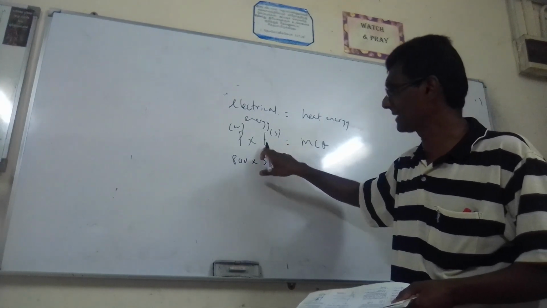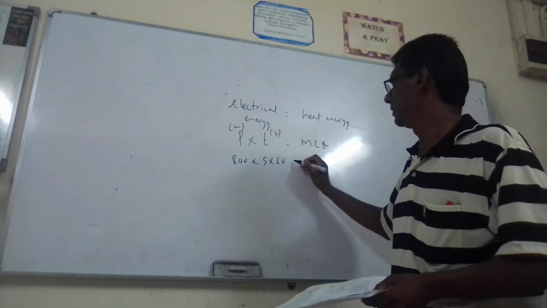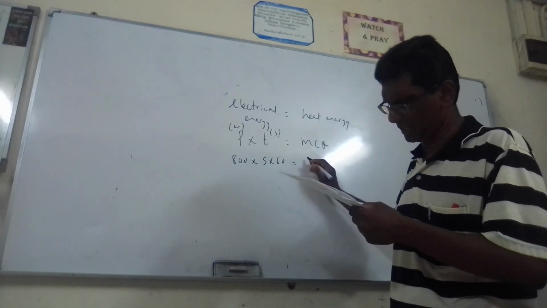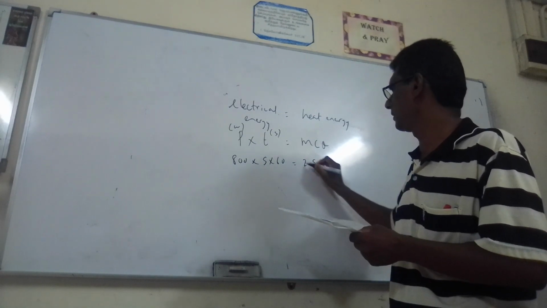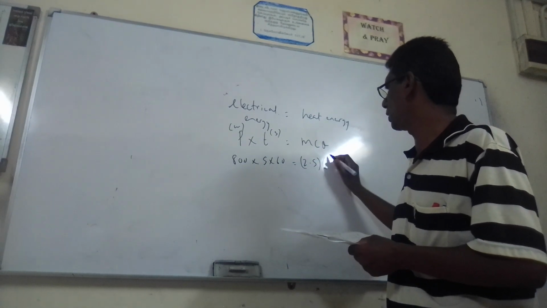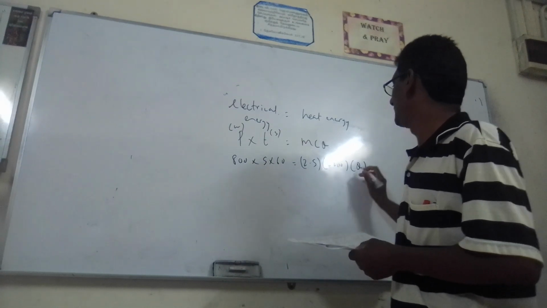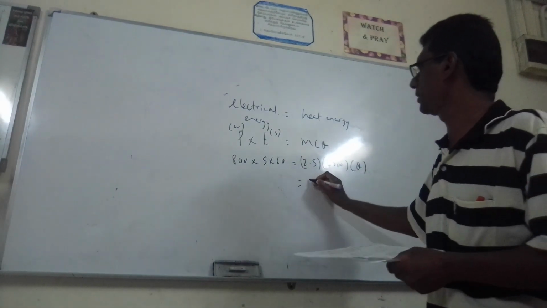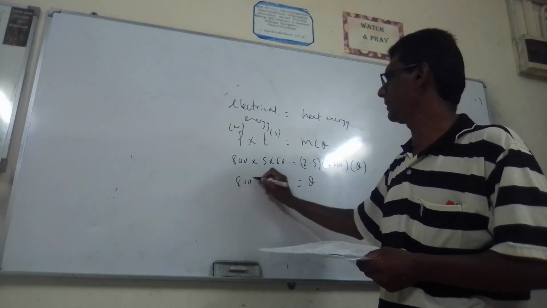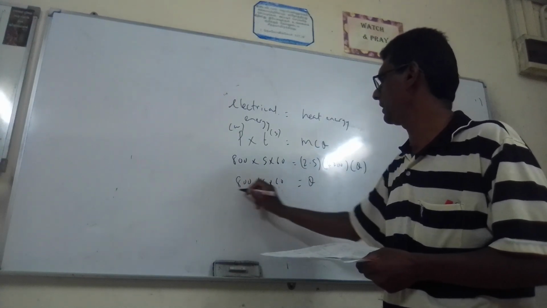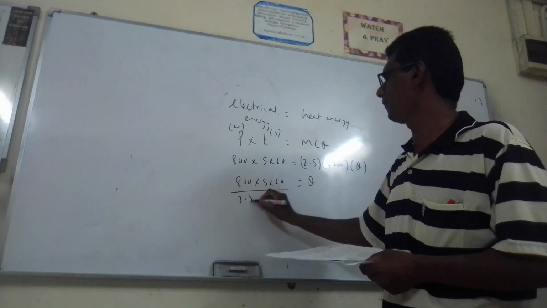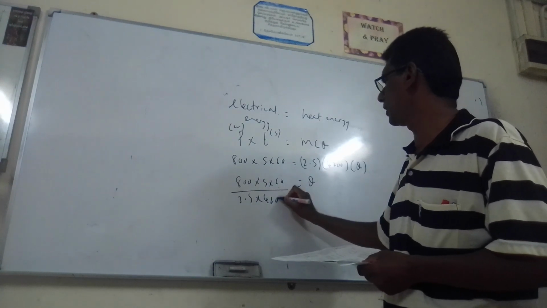The mass is 2.5 kg. Specific heat capacity for water is 4200, and theta is the rise in temperature. So theta equals 800 times 5 times 60 divided by 2.5 times 4200.